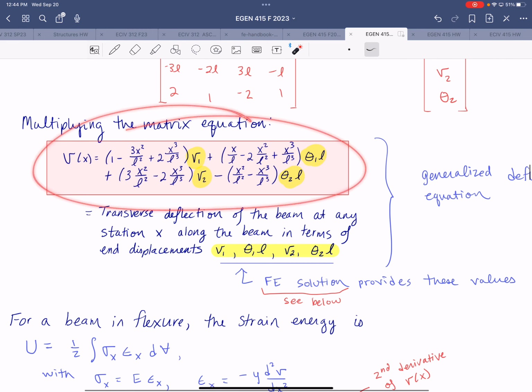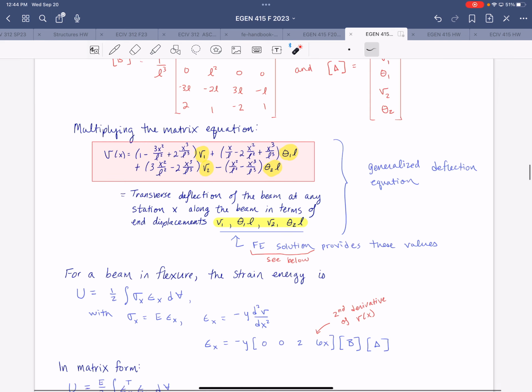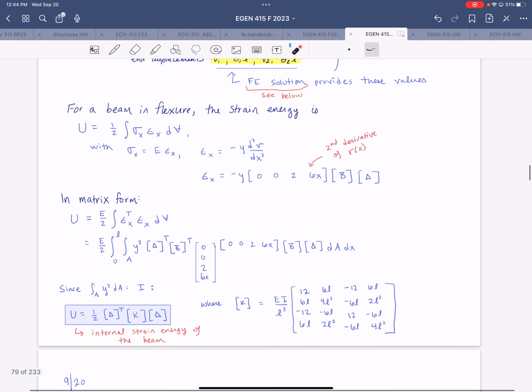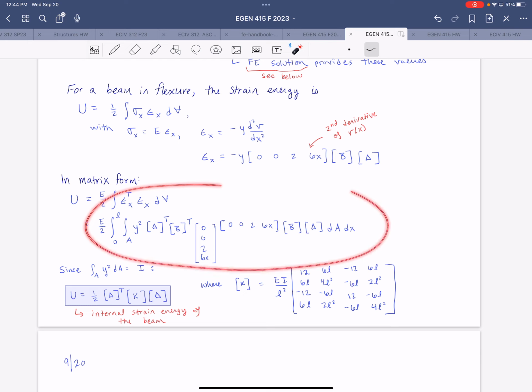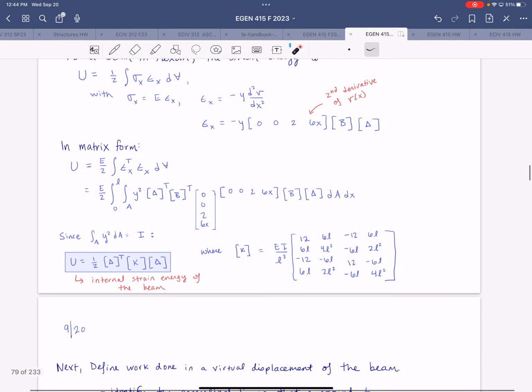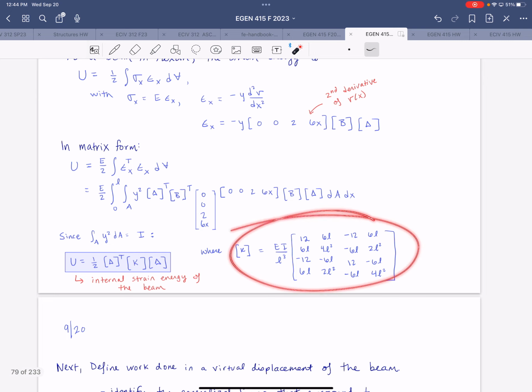So this is the equation I was just referring to at the bottom of that previous page, right? And then from there, we went on and applied the strain energy definition to get this long matrix multiplication within an integral, which results in this stiffness matrix. And so that's one way to get there.